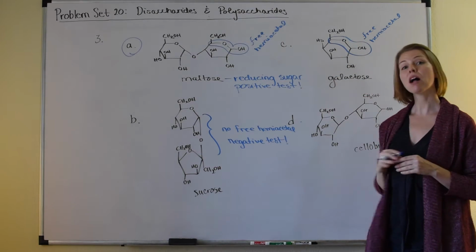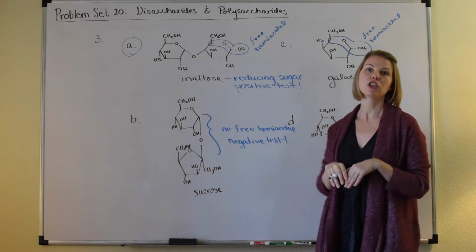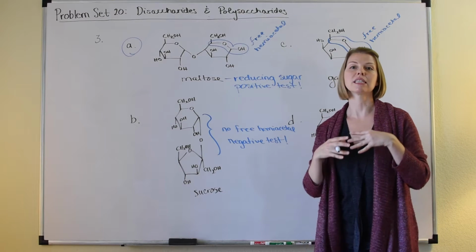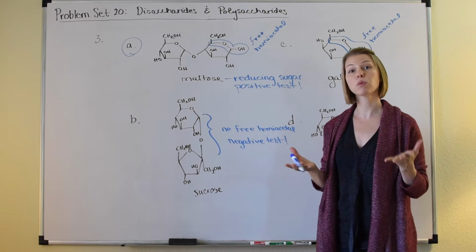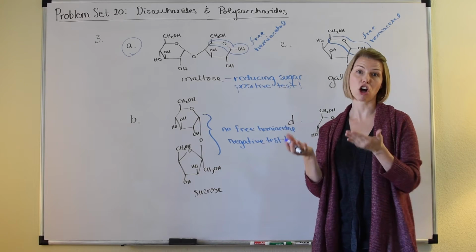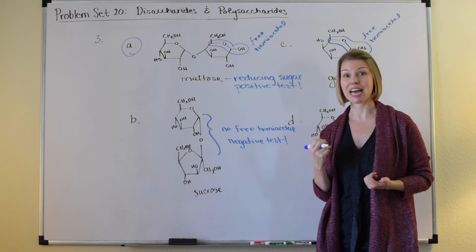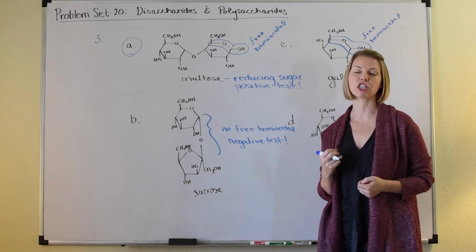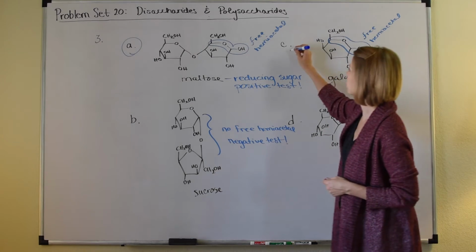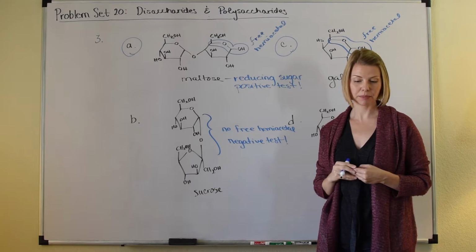So just like maltose, we would expect this free hemiacetal to be undergoing mutarotation in an aqueous solution, which means that in the acyclic form, it would have an aldehyde that can be oxidized, thereby causing the copper 2 ions to be reduced to copper 1 and giving that positive test as indicated with the color change from the blue to the red, forming the red precipitate. So circle C. C will give you a positive test.